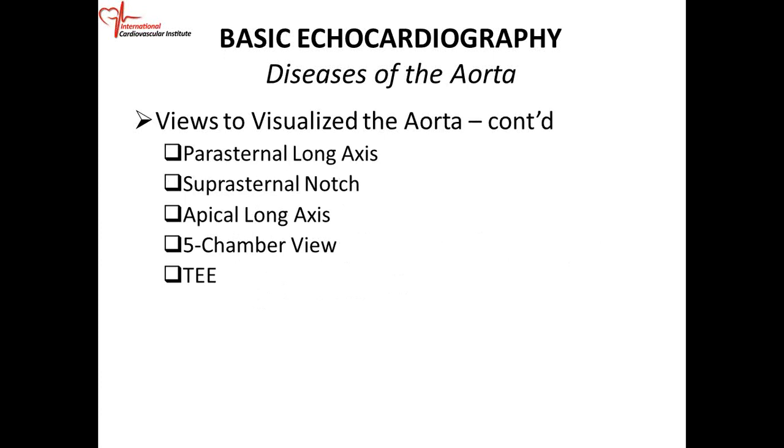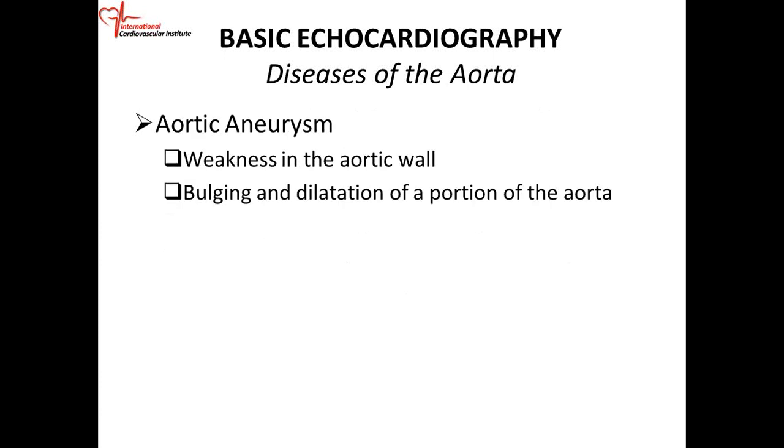These are views of the transthoracic echo that allow you to see portions of the aorta. However, the transthoracic echo will not allow you to see the aorta in its entirety. So you have to move on to the transesophageal echo if you want to see all portions of the aorta. The first disease state we're going to look at is aortic aneurysm.